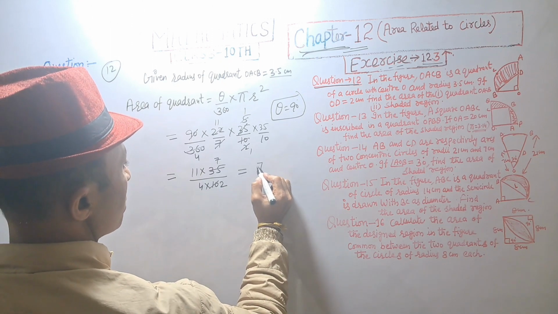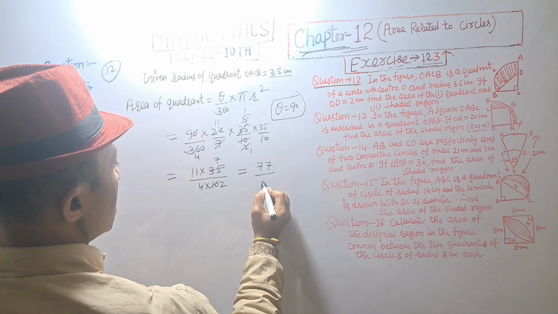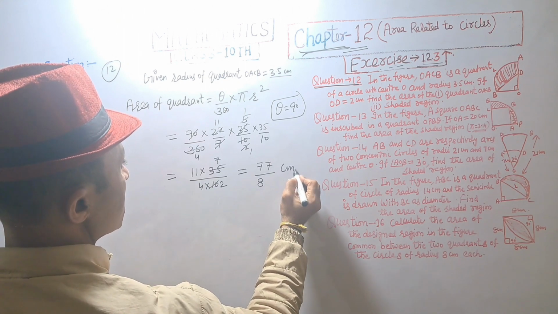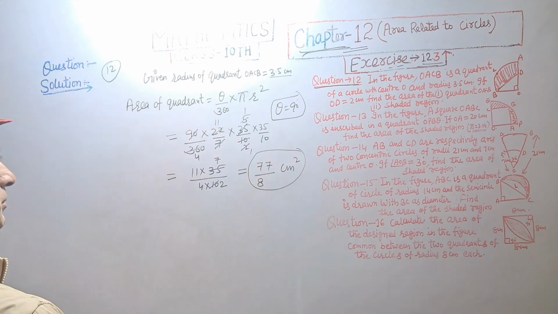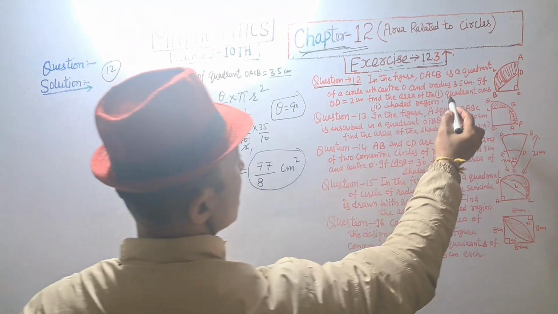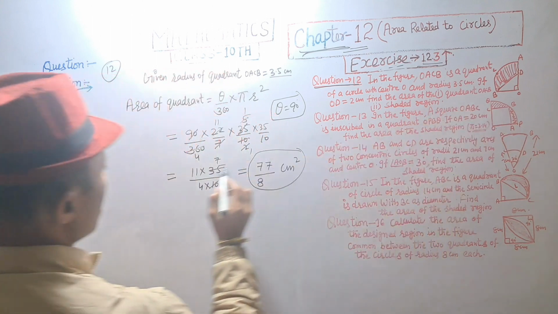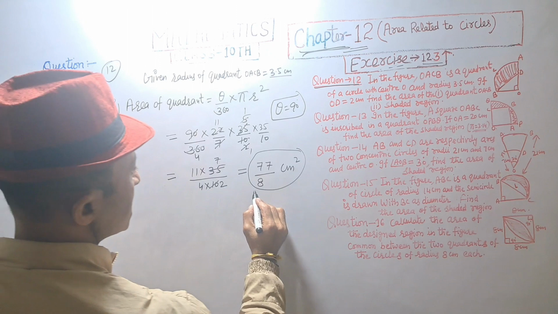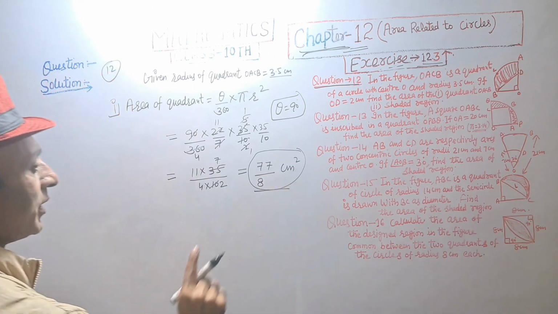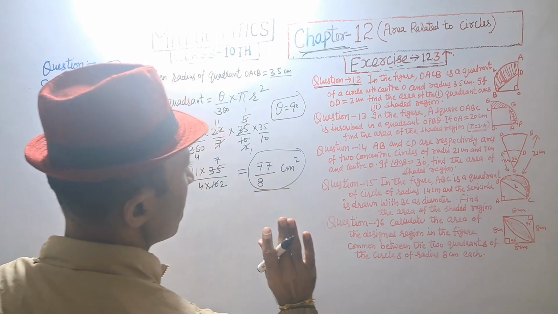That is equal to 77 divided by 8 centimeter square. It's the area of quadrant. First part, area of quadrant is equal to 77 upon 8 centimeter square. Answer.